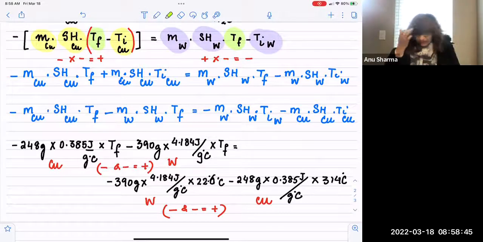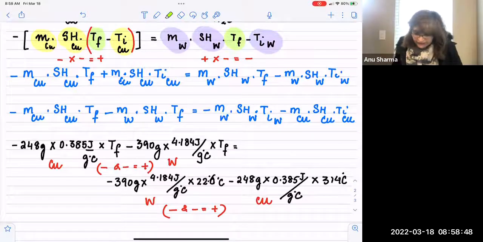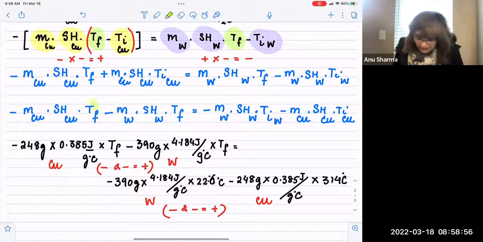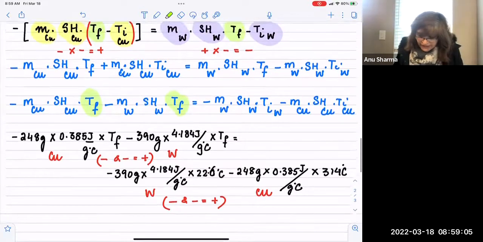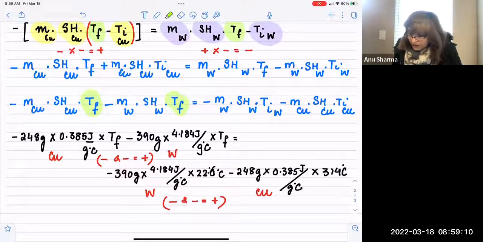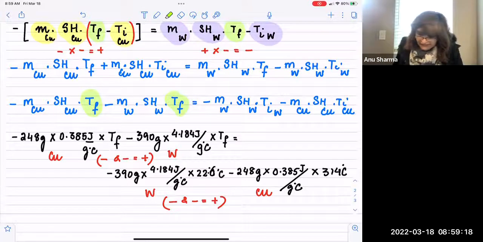When you place these numbers, there's another thing you need to do when you solve it: bring the knowns on one side and the unknowns on the other side. The unknown is T final that we are trying to find, and everything else is known. So you bring the copper and the water T final on one side, and the initial T of the water and the copper on the other side. This one is negative, so it will remain negative.